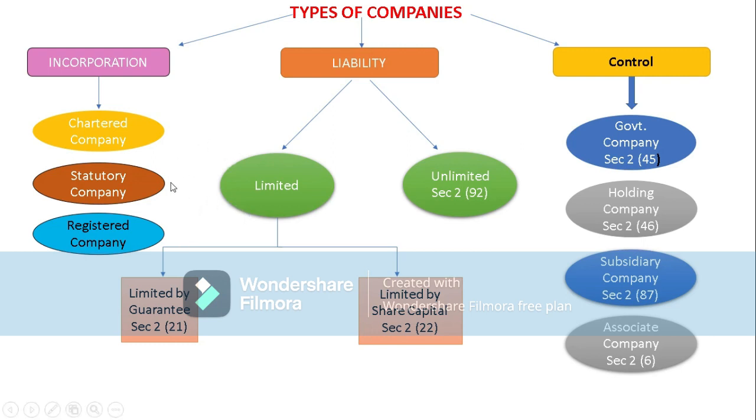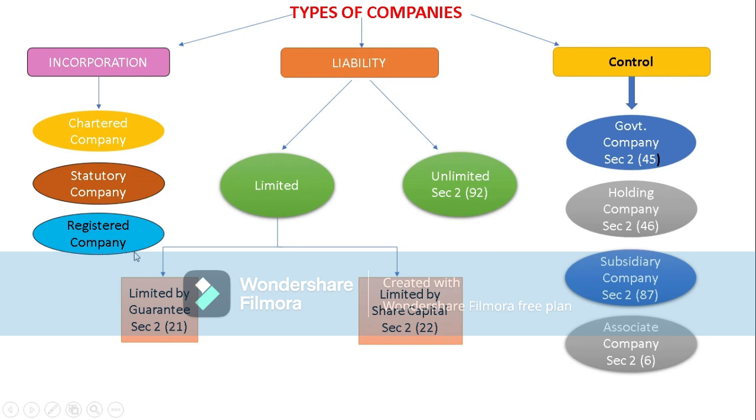Actually, if we study the rules and regulations regarding a company, we have studied in the features of a company that for every company, the last word of the name should be either public limited or private limited, given as a suffix to the name.